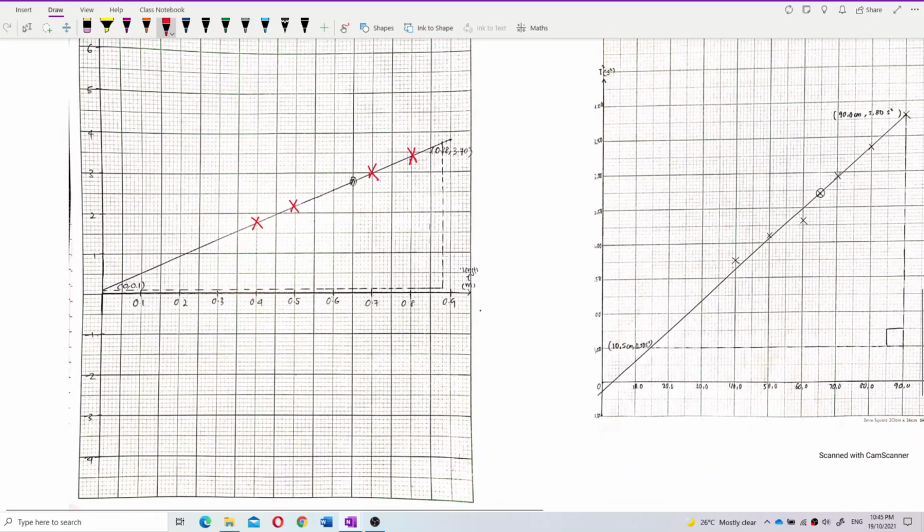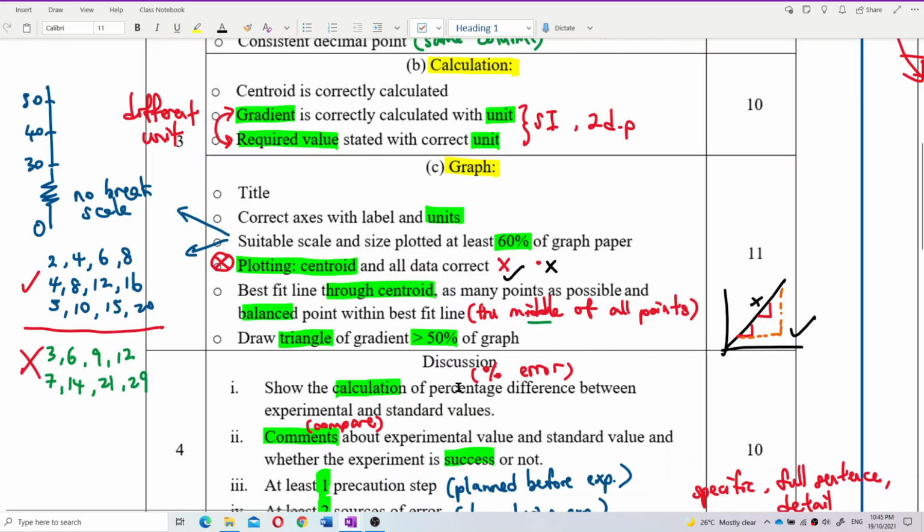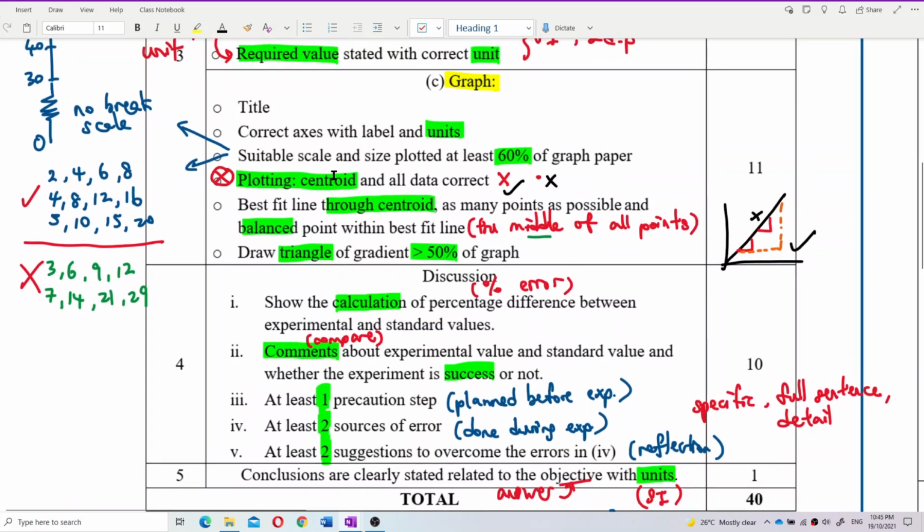The graph is less than 60% of the paper. Your graph needs to be at least 60%, more than 60% of the graph paper.